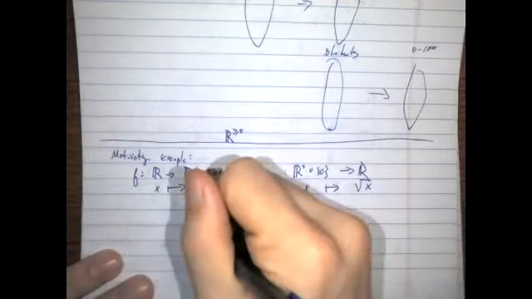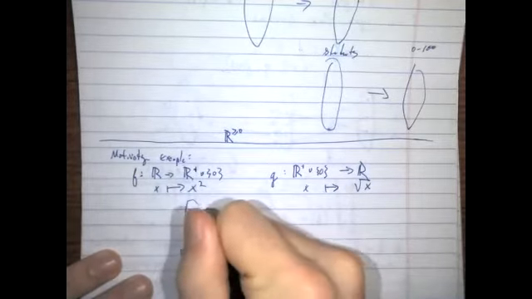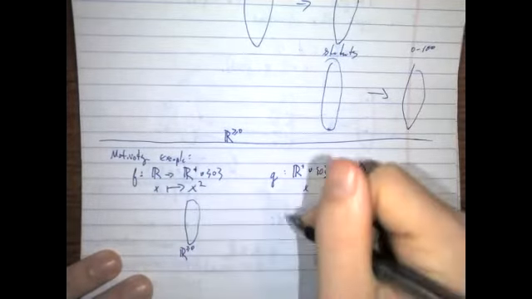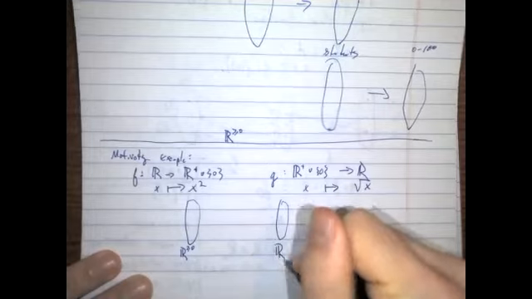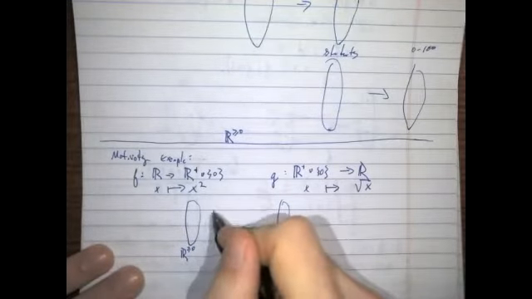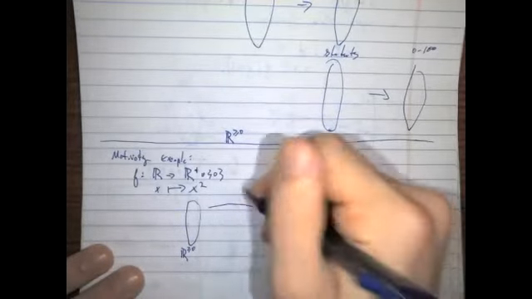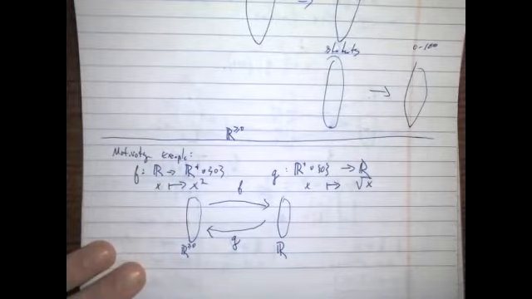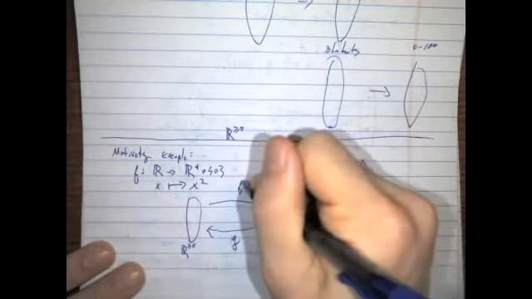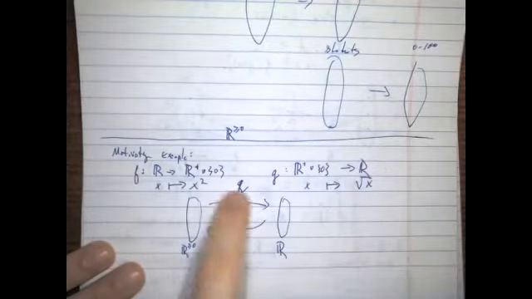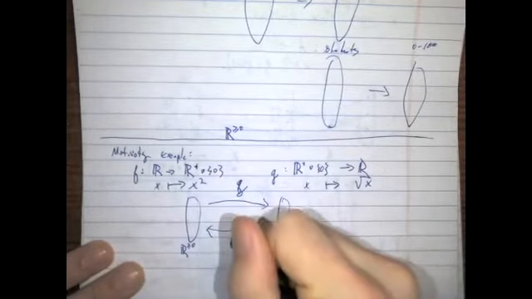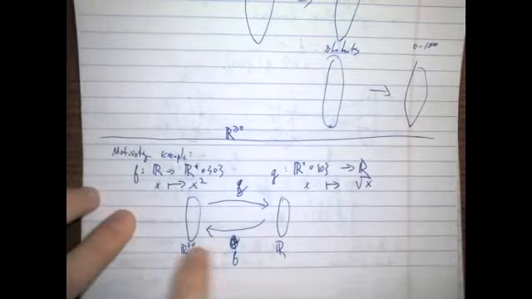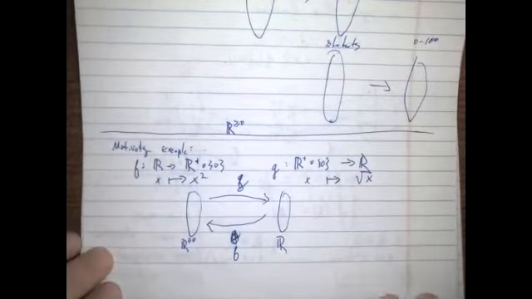I can draw a picture here, with R greater than or equal to 0, and this is R. G is going from this set to this set, and F is going from R to this set, okay?